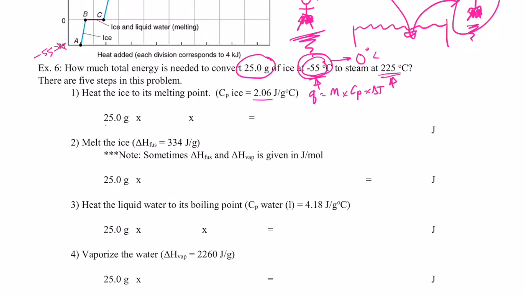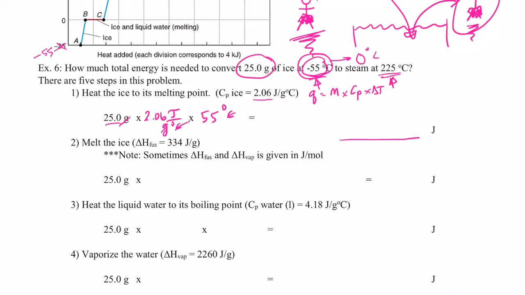So we're going to start with our mass of 25 grams. Our specific heat is 2.06 joules per gram degrees Celsius, and our delta T is 55 degrees Celsius. So my units cancel out, grams and degrees Celsius, and I'll be left with joules for that first step.